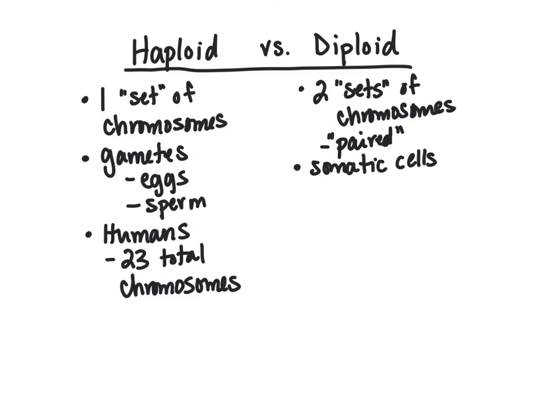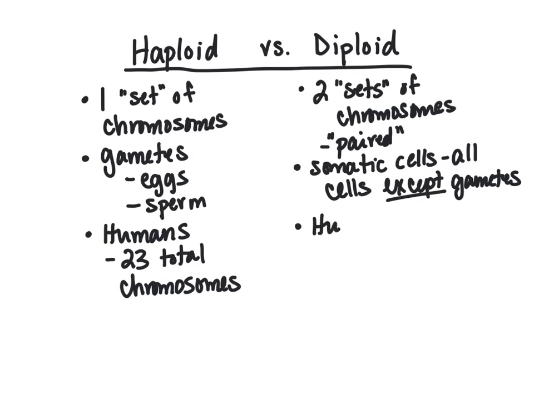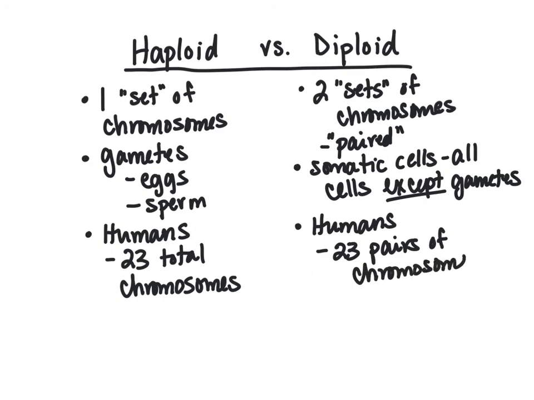Somatic cells are just all the body cells except for the gametes, so essentially all cells except the gametes. So in humans, these diploid cells would have 23 pairs of chromosomes, which is the same thing as saying that there are 46 total chromosomes.